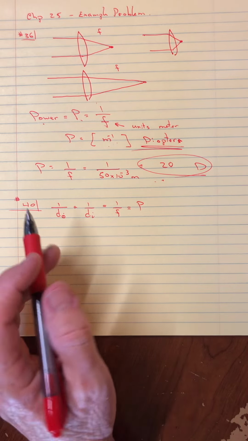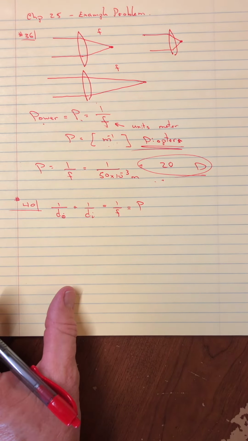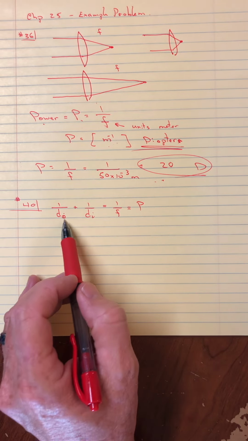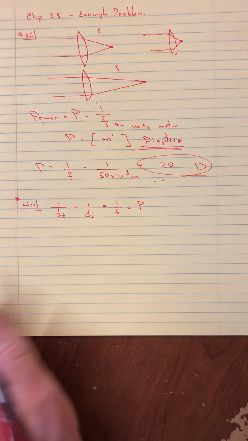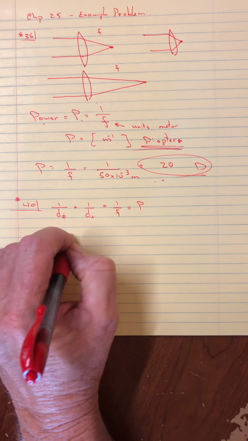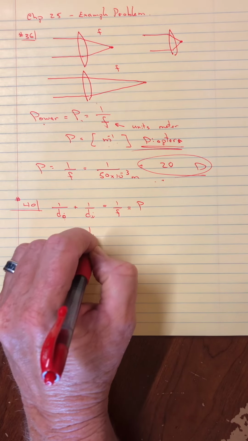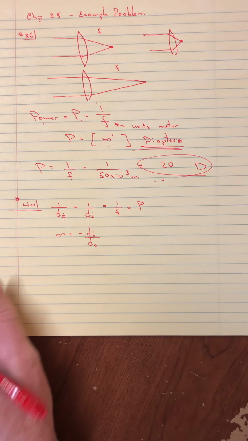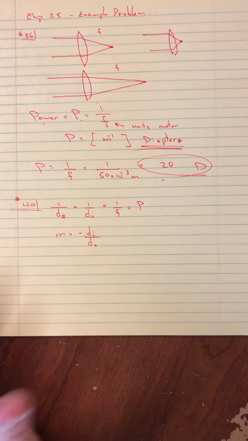There is a mathematical relationship between the object distance, the image distance, and the focal length. And then also the magnification. Now, I don't think we'll need magnification for this particular problem, but I might do it anyways, okay?